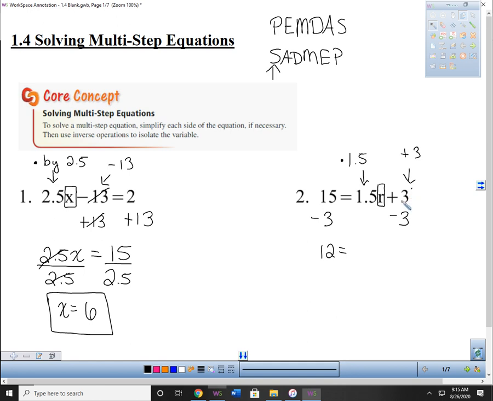The 3's over here cancel out, leaving me with the 1.5 times r. So since I am multiplying, I'm going to have to divide to get rid of the 1.5. So I divide by the 1.5. All right, and I get 12 divided by 1.5 is 8. But I don't want my variable to be on the right, so I'm going to move it to the left and move the 8 to the right-hand side.